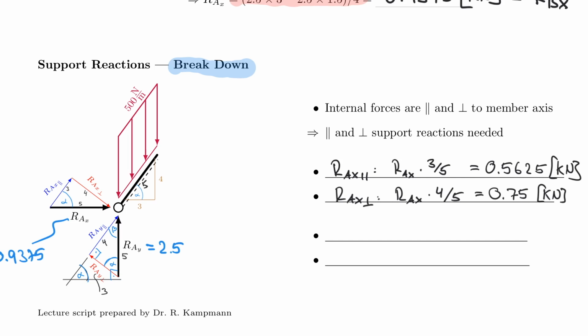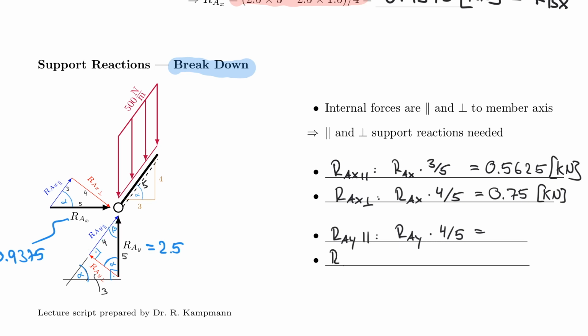And let's now focus on the triangle down here. So I have RAY, and to calculate the perpendicular part, I have to use 3, and to calculate the parallel part, I have to use 4. So in numbers, that looks as follows. RAY parallel is equal to RAY multiplied by 4 divided by 5. So that's this component here, the 4 and the 5, and the parallel component is this one.